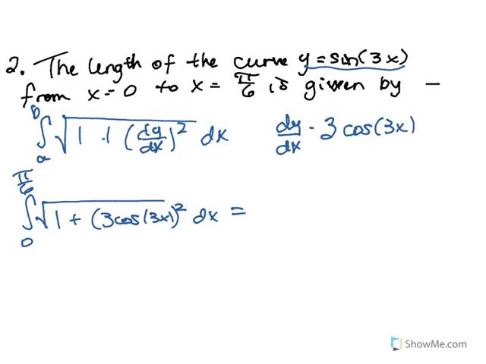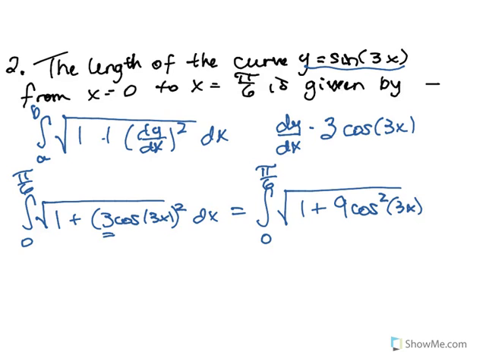If you look at your answer choices, nothing matches that exactly, but you can see there is one choice where this 3 has been squared to give us 1 plus 9 cosine squared of 3x dx. And so that's our answer, answer D.